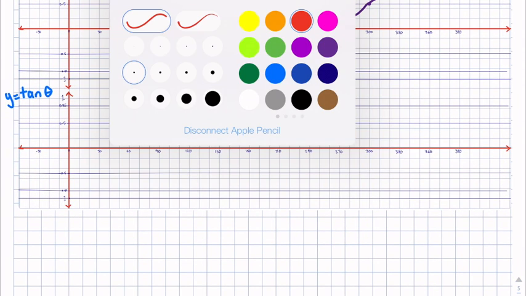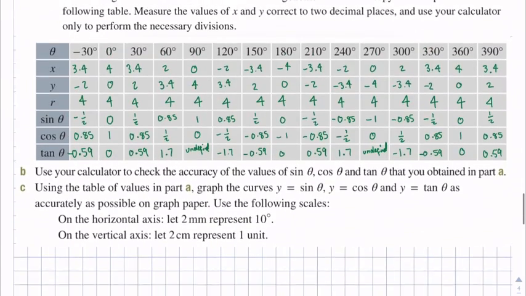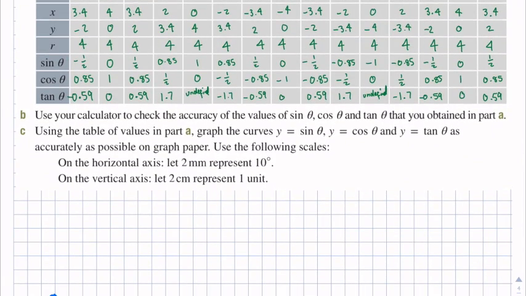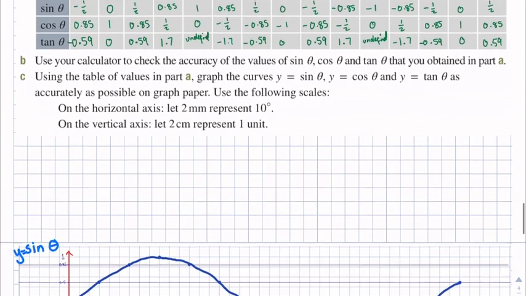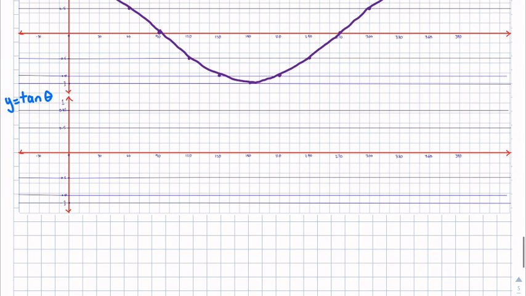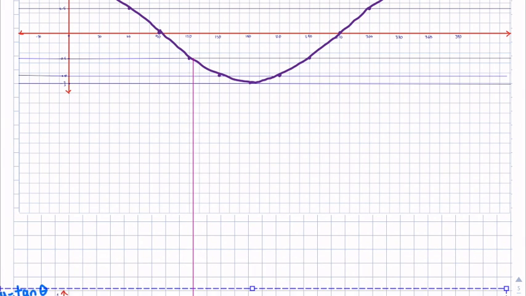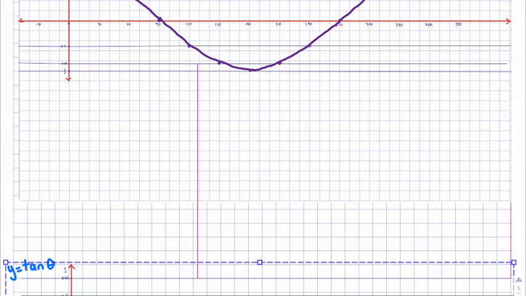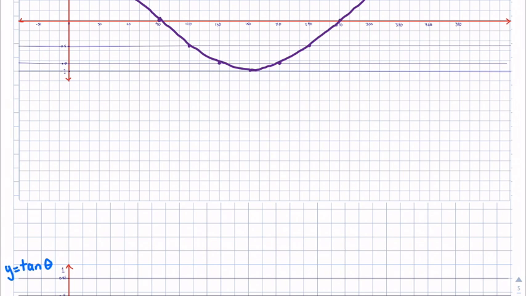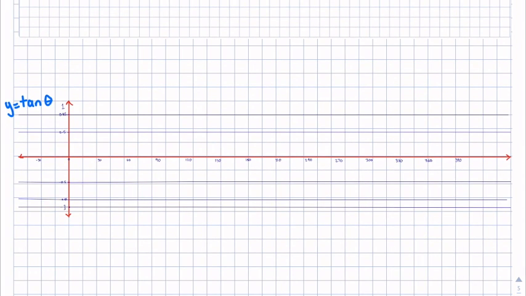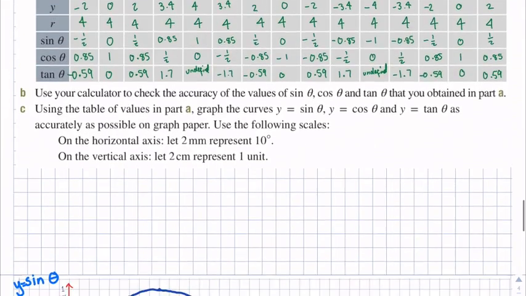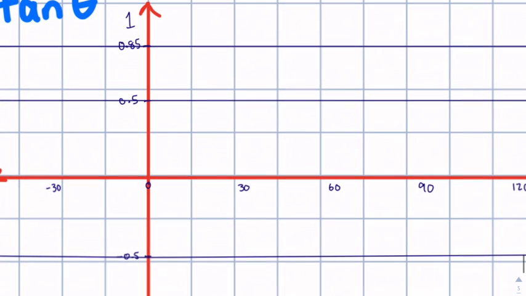Tan's weird, okay? Get ready for tan. So for tan, we also need lines at, oh gosh. Tan's like completely different, yeah? So for tan, we're going to need lines at 0.59 and 1.7. So 0.59 here-ish.